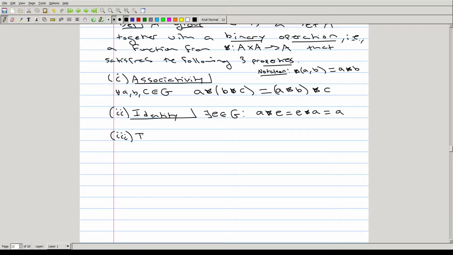And lastly, we have an inverse element: for any A in the group, there exists a B in the group such that A star B is equal to B star A, which is equal to the identity element of the group.